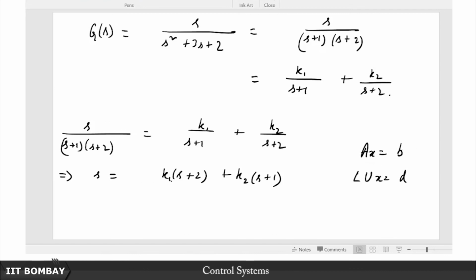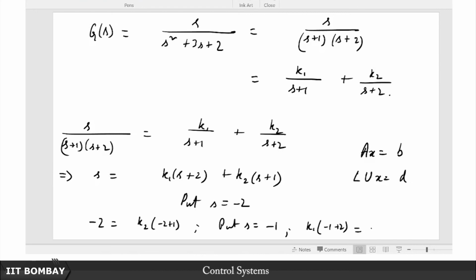In the same fashion here, if you want to get decoupled equations, first put s equal to minus 2, and you get minus 2 equal to k2 times minus 2 plus 1. Then put s equal to minus 1, and this term vanishes, so you get k1 times minus 1 plus 2 equal to minus 1.